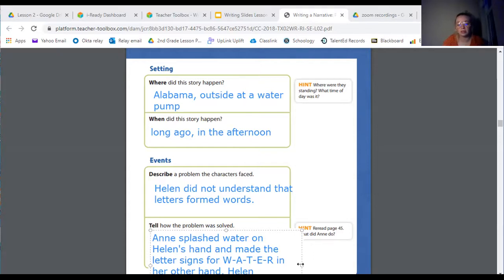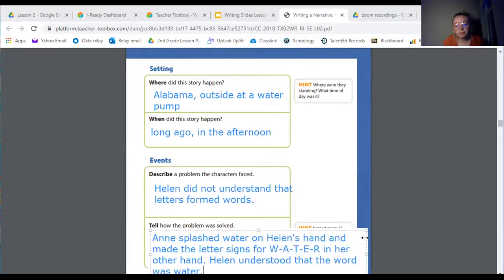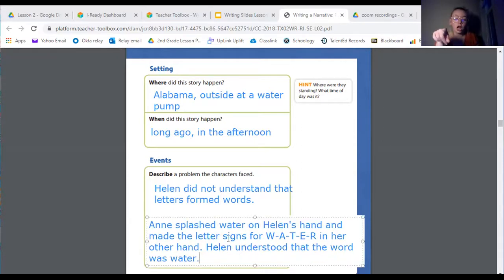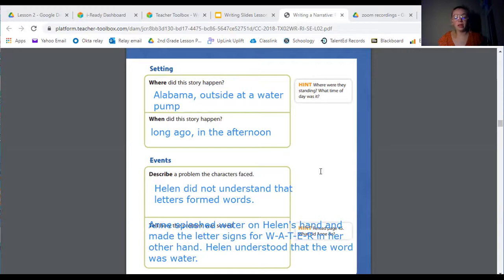And I'll stretch that out so you can see it. Okay, so go ahead and pause your video, copy this down into your book. And when you are done, let's read over the details that we've written.